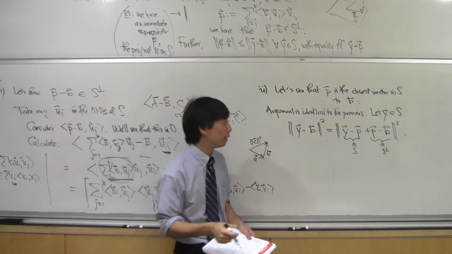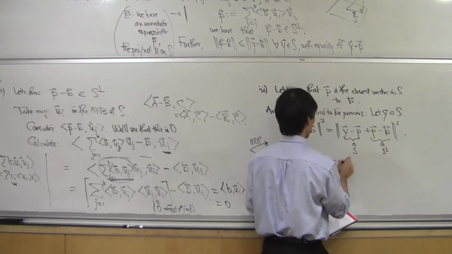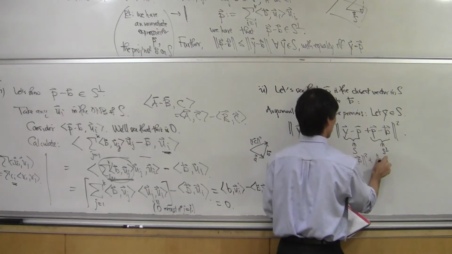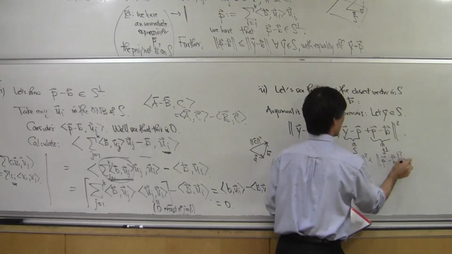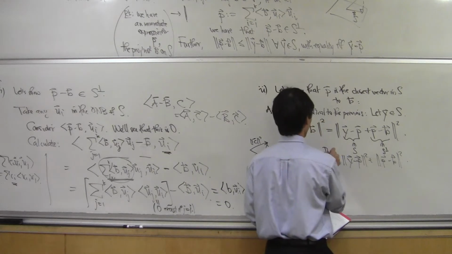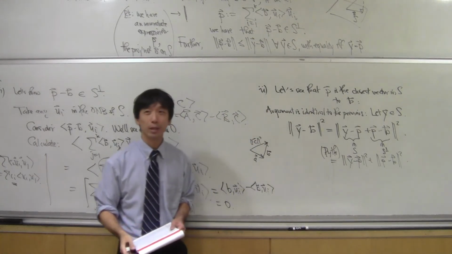By the Pythagorean theorem, c squared equals a squared plus b squared.